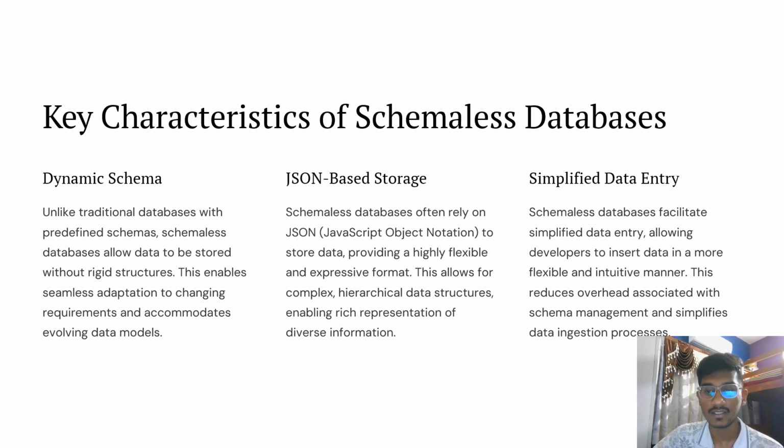And the data in schemaless database is stored in the form of JSON based storage, which is JavaScript Object Notation. So it provides high flexibility and expressive formats, that is, the data can be easily shown and visualized. It has various hierarchical data structures which enable presentation of diverse information in the form of visualization.